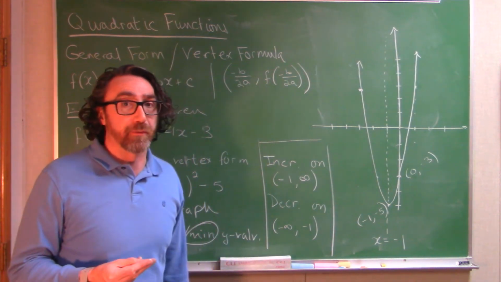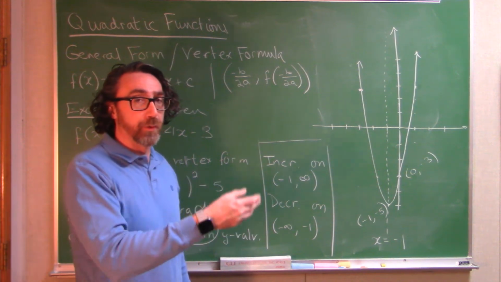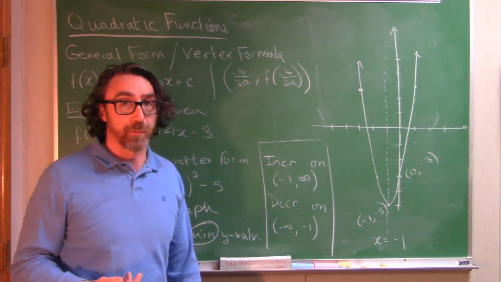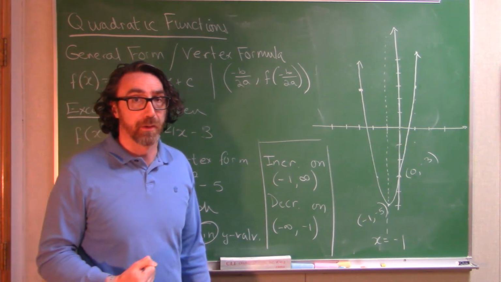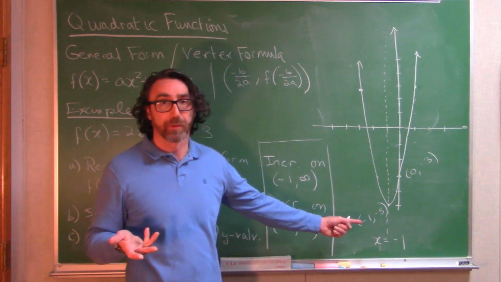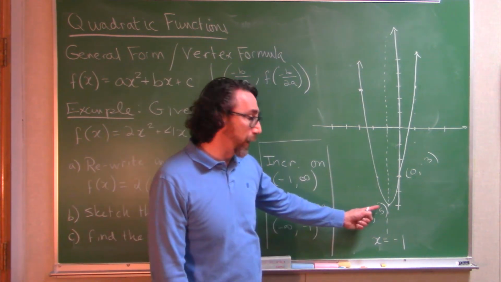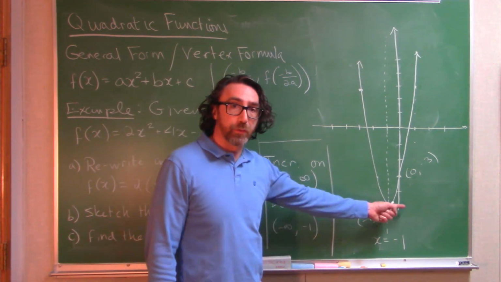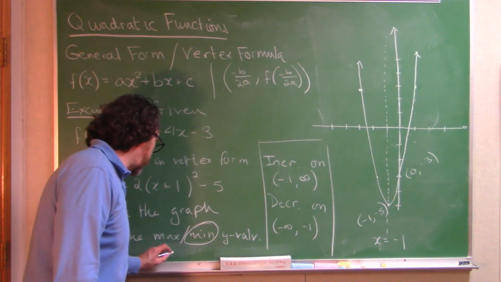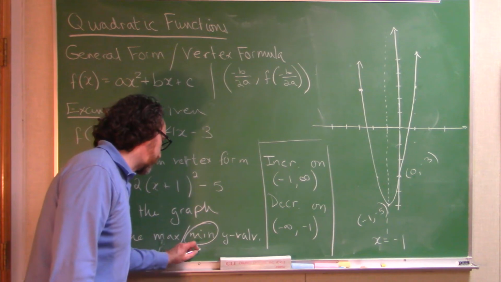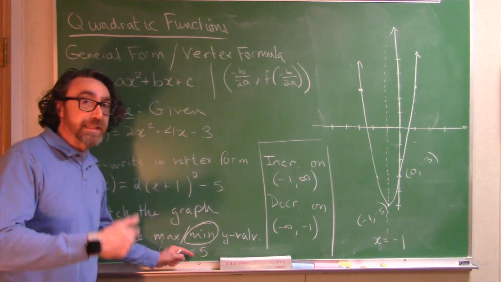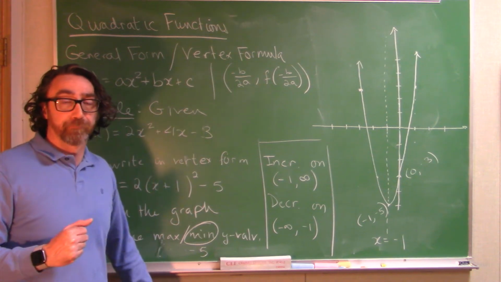The points on the graph of a function are input-output pairs. So finding the range boils down to finding what are the possibilities for the y coordinates on the graph. Well, -5 is the lowest y value. So the min y value here was -5. That means the range is -5 to infinity.